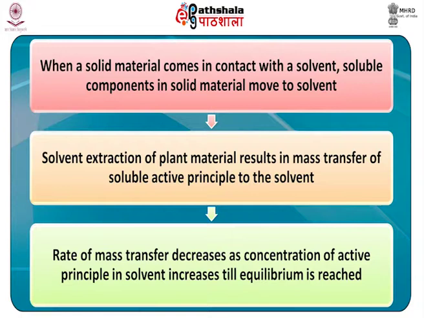This continues until equilibrium is reached, that is, the concentration of active principle in the solid material and the solvent are the same. After that, there will no longer be a mass transfer of the active principle from the plant material to the solvent.